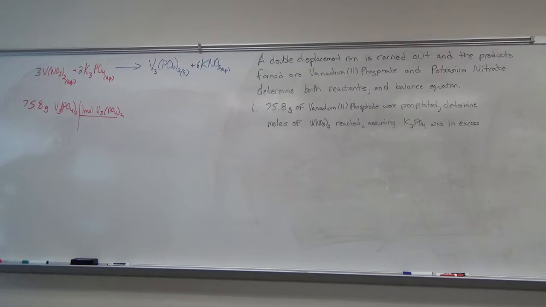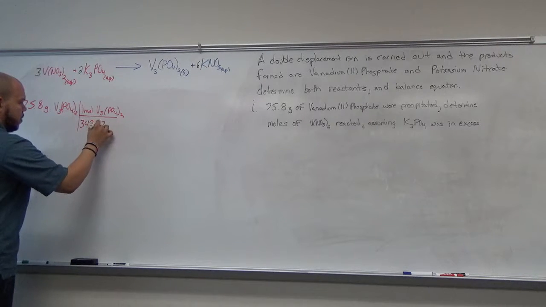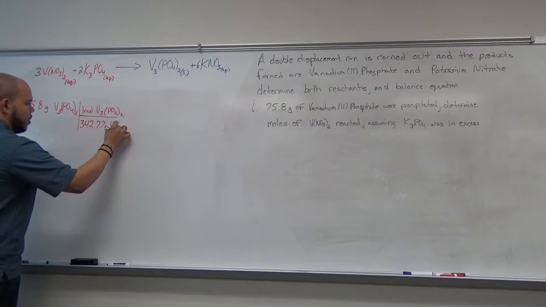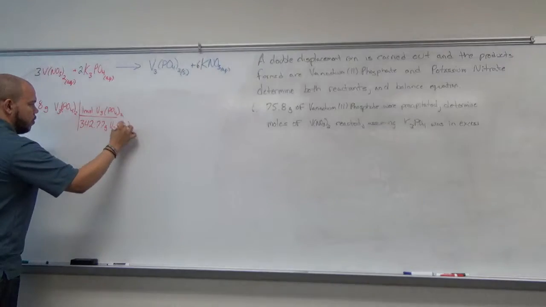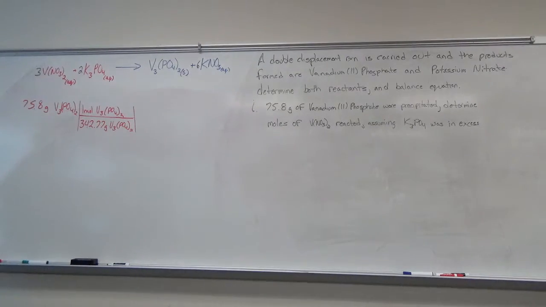Should be some fairly large-ish number. 342.77 grams. 342.77 grams V3(PO4)2. So now we have moles of product.